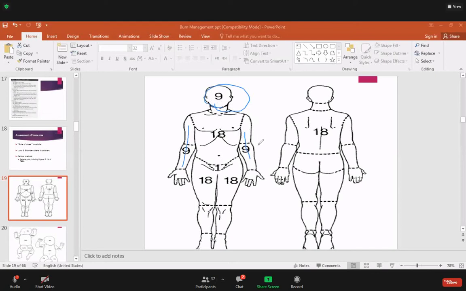Each of the upper limbs is 9. If you divide abdomen and chest, the anterior half of the chest is 9, anterior half of the abdomen is 9. And if we take the lower limbs, the anterior half of each leg is 9.